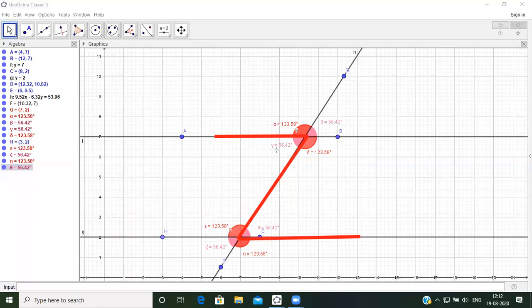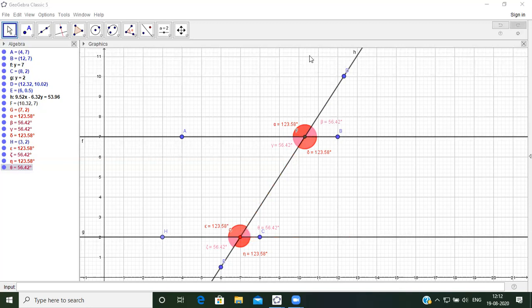Like see, here it is 56.42 and here it is 56.42. And then the exterior angle, where Z points the angle. There it is 56.42 and 56.42. These two are alternate exterior angles. These two are alternate interior angles.